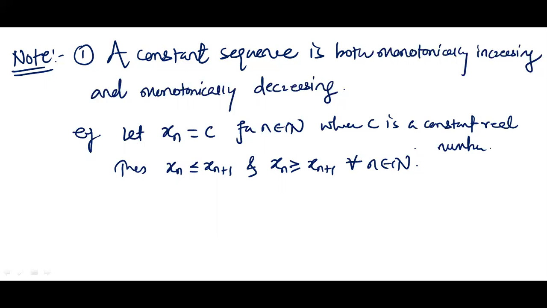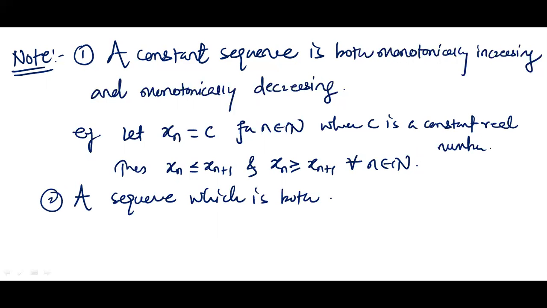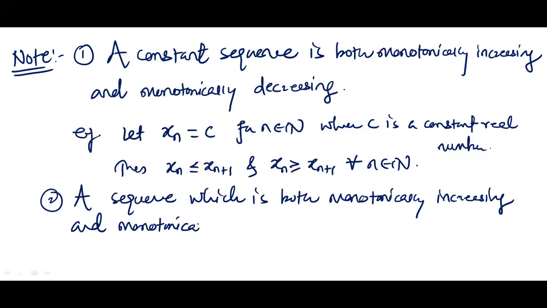Therefore it is both monotonically increasing and decreasing, and its converse is also true, means a sequence which is both monotonically increasing and monotonically decreasing is a constant sequence.